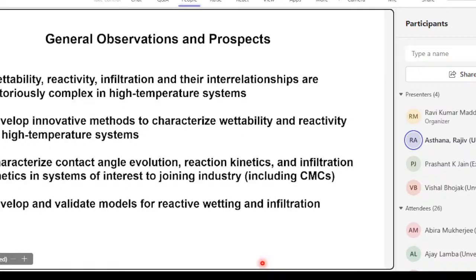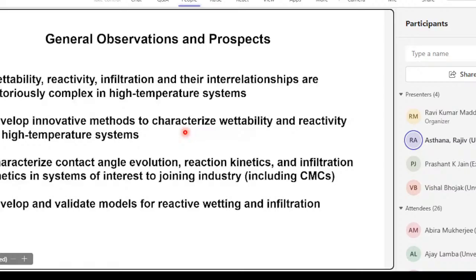So right now, the need is to develop new, innovative methods to characterize wettability, reactivity, and interface formation in real systems, because the fundamental science from low temperature systems is no longer applicable to high temperature systems. Even though we still use the same concepts of contact angle and surface energies, they are not applicable to our real systems.